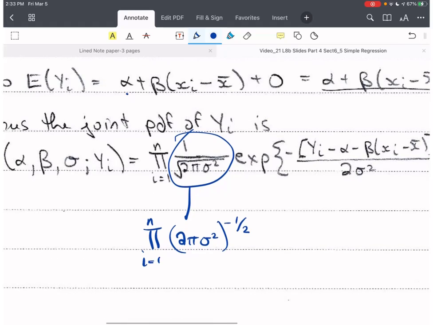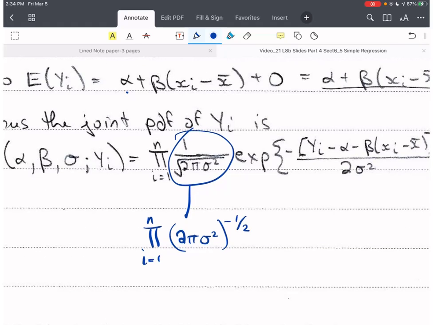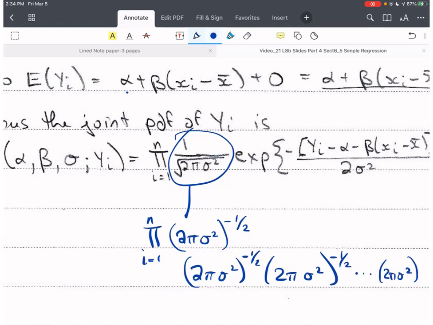They're all the same. So this is going to be itself multiplied n times: 2 pi sigma squared to the negative 1/2, 2 pi sigma squared to the negative 1/2, up to the nth time, 2 pi sigma squared to the negative 1/2. So there's going to be n of these.